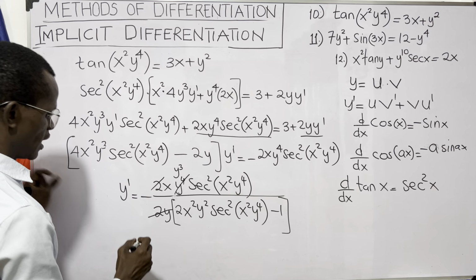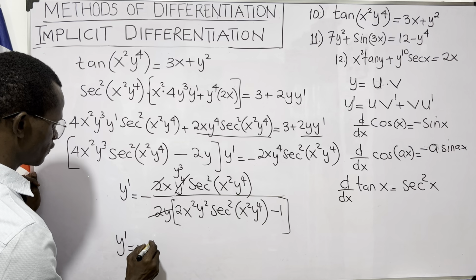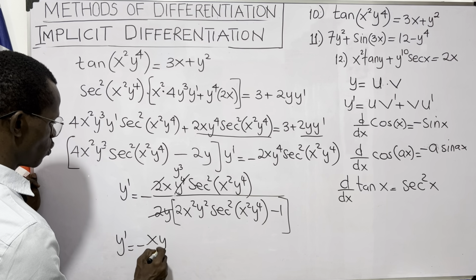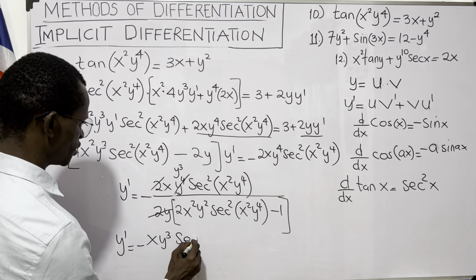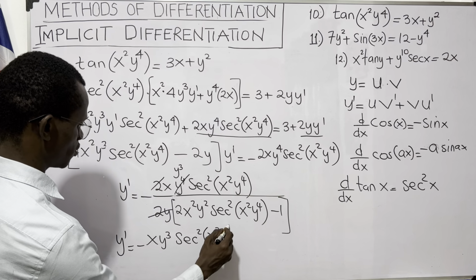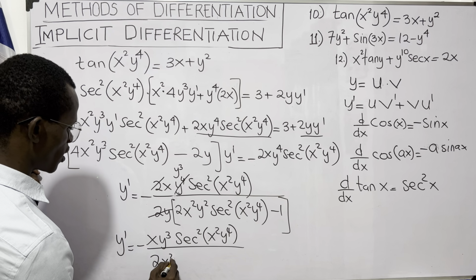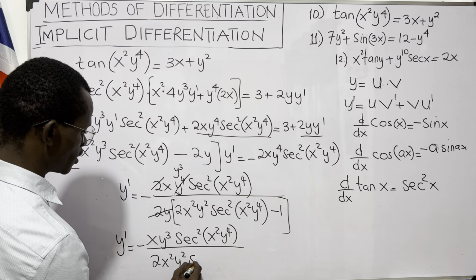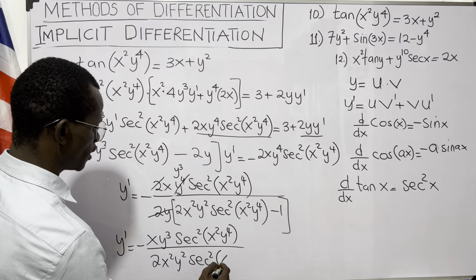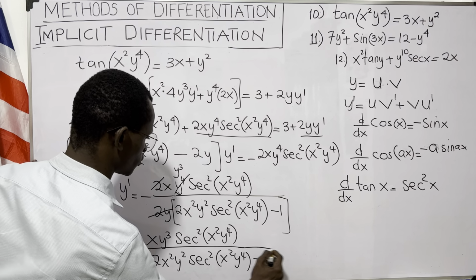So finally we have y prime equals negative x y to the third secant squared x squared y to the fourth, all over 2x squared y squared secant squared x squared y to the fourth minus 1.